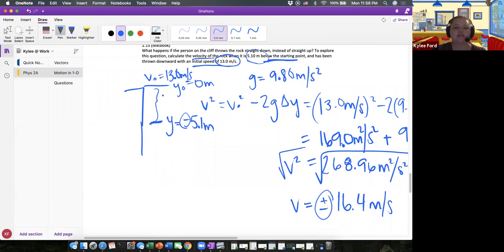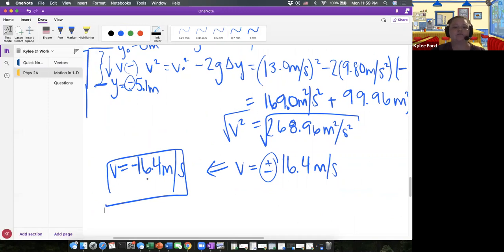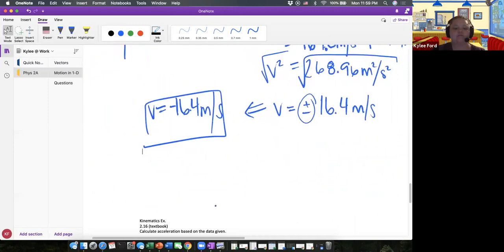Because our displacement is in the negative y direction, that tells me that our velocity will also be negative. So our velocity then is negative 16.4 meters per second.